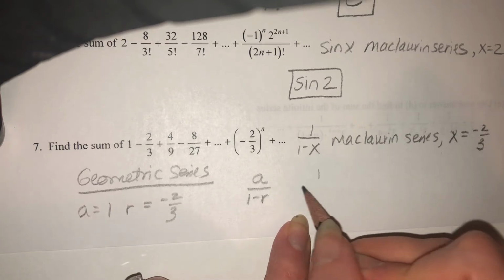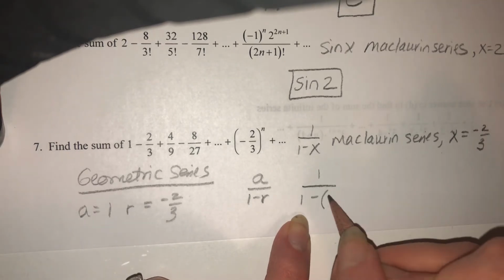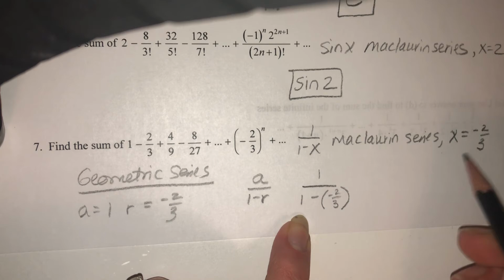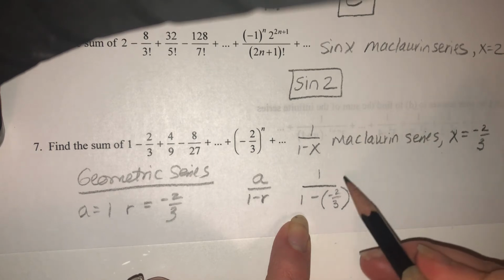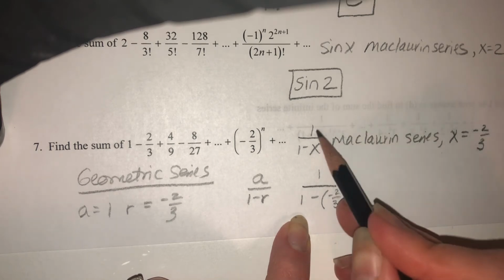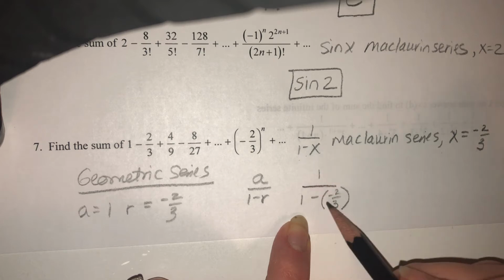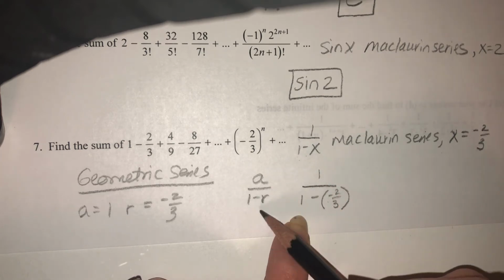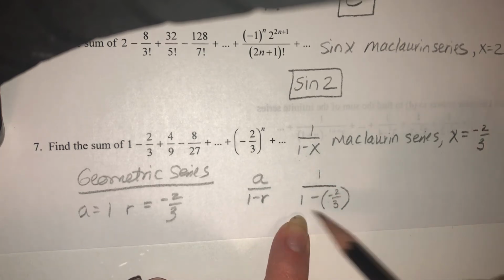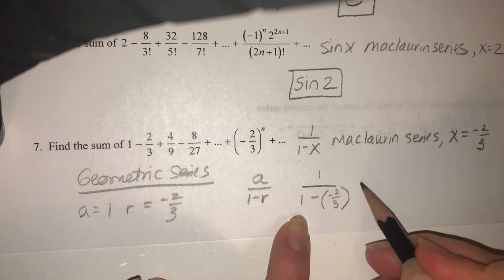So then it's 1 over 1 minus negative 2/3. Either way, whether you're plugging negative 2/3 in place of the x in the 1 over 1 minus x series, or using the a over 1 minus r, it's all the same thing.